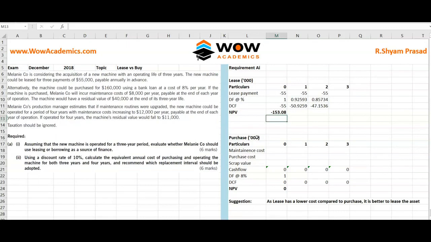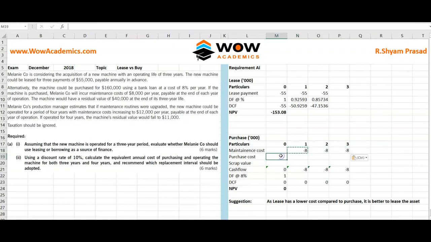So next we'll check out the purchase option. The purchase option has a maintenance cost of 8,000. He says maintenance cost will be payable at the end of each year of operation. So it is -8, and it's for 3 years.